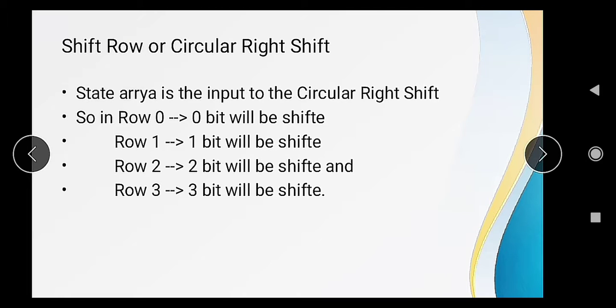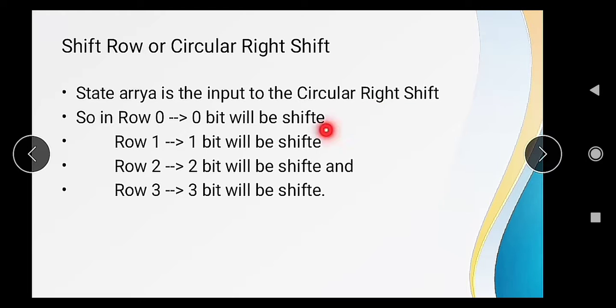As we know, we have a number of rows. Suppose the number of rows is 4, so the row numbers will be R0 to R3, or 0 to 3. So in the 0th row, 0 bits will be shifted.